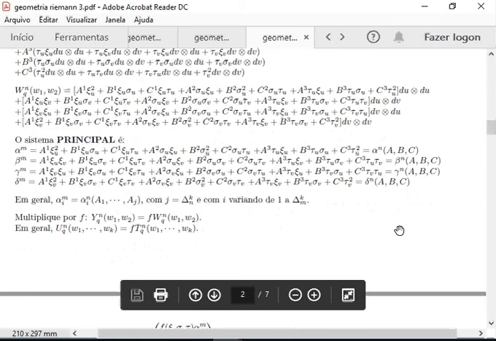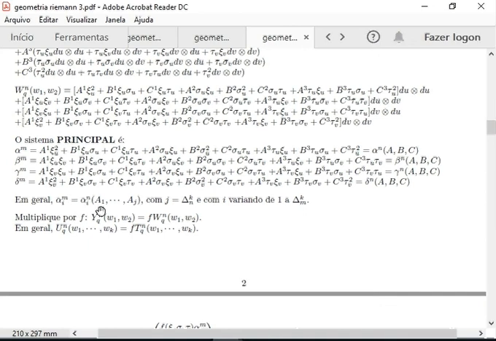Generally, we have alpha I m equals alpha n of A1, ..., big A J, with J equals delta n powered to k, and with I varying from 1 to delta m powered to k.